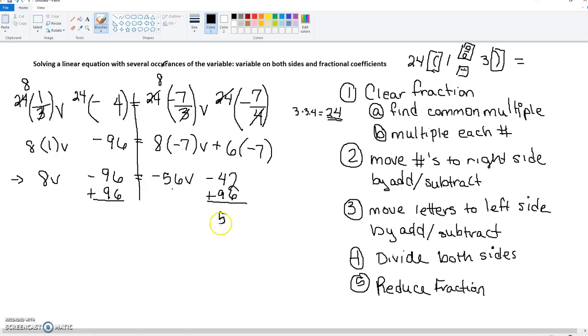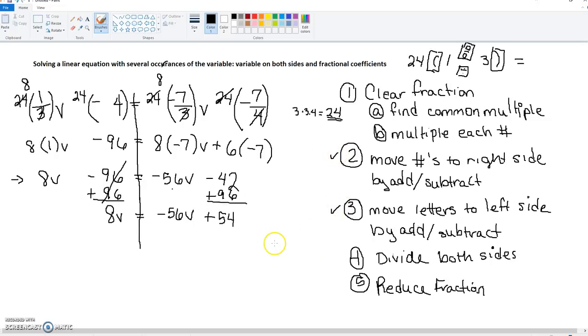That gets us a positive 54. We're going to bring down our negative 56v. And of course these canceled, and we're bringing down that 8v. Okay, so that took care of step 2. So now we're moving on to step 3.